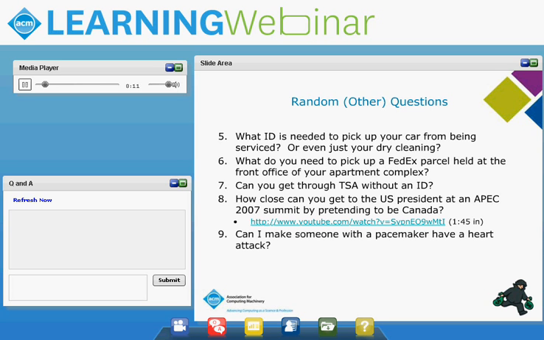Can I make someone with a pacemaker have a heart attack? And that sounds a little, what's the right word there? Like I'm making something very, very big out of something, but it is an interesting question because a lot of different medical devices now have wireless controls. A pacemaker, for example: a doctor wants to wirelessly upload all of the data to see how your heart is doing.